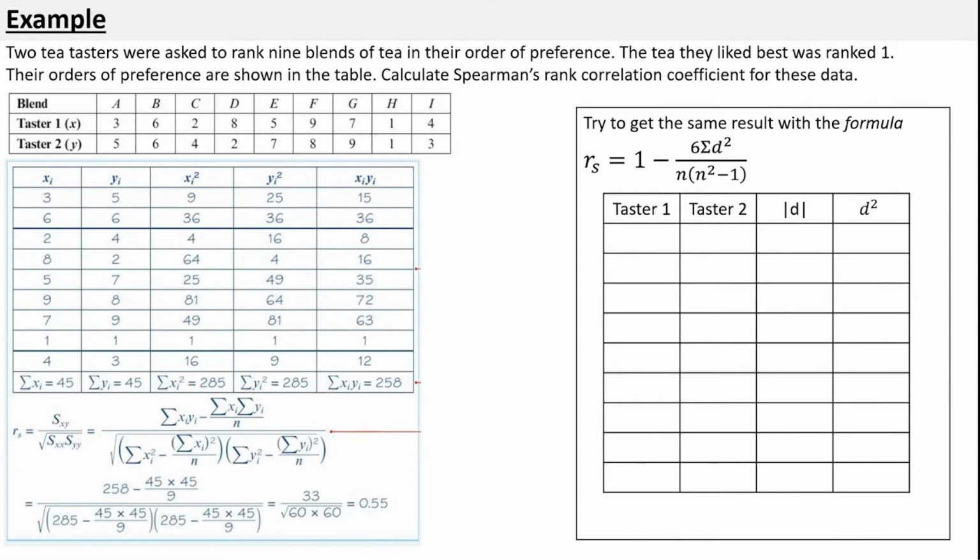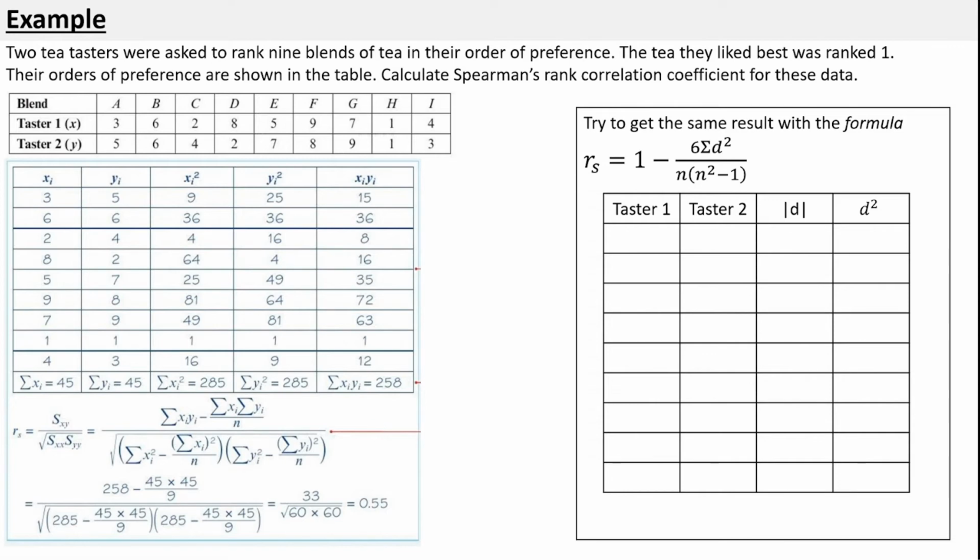I've squared each of the x values so I can find the sum of x squared, squared each of the y values so I can find the sum of y squared, and then calculated the product of the x and y's, and summed those together as well. So I've got 285, 285, and 258.